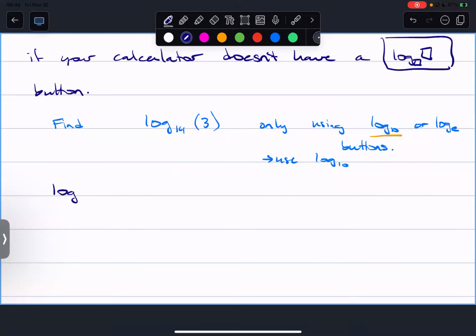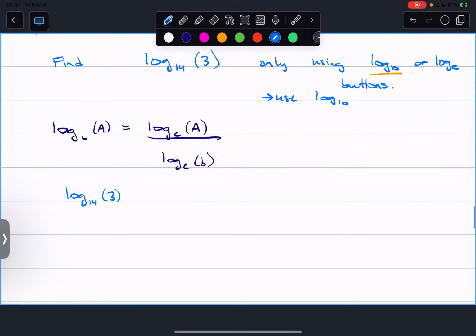Log base B of A is the same as log base C of A over log base C of B. So if I want log base 14 of 3 in terms of only a common log button, then you would need to do log base 10 of 3 divided by log base 10 of 14.